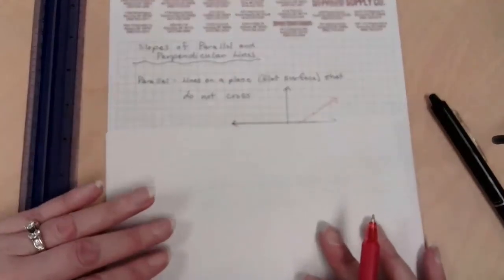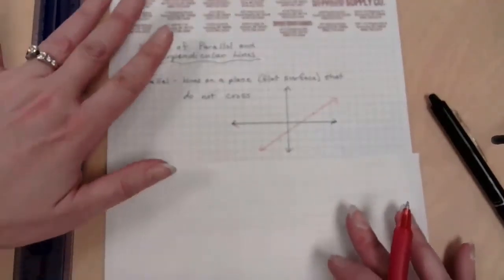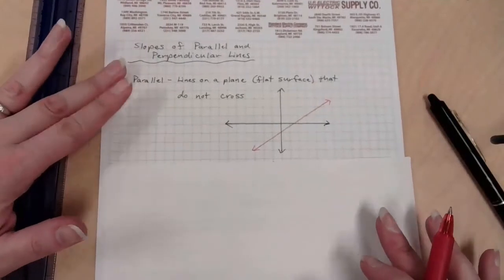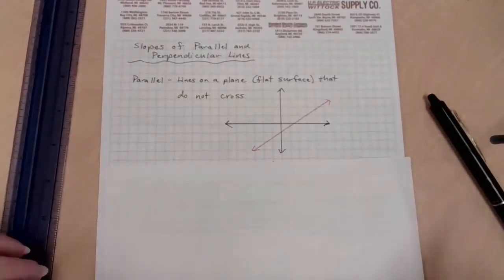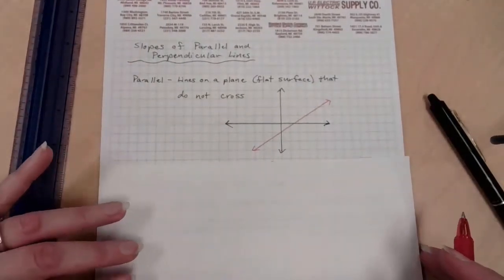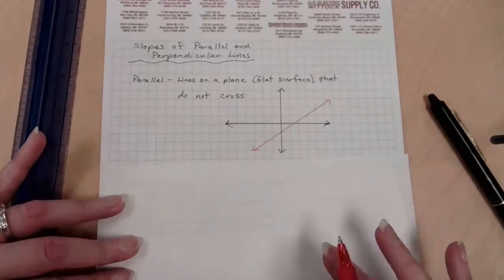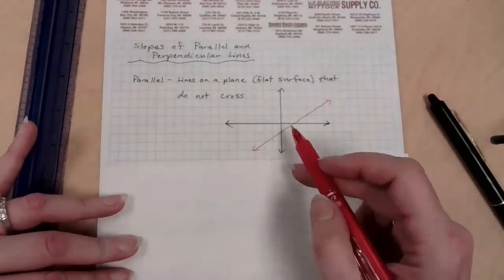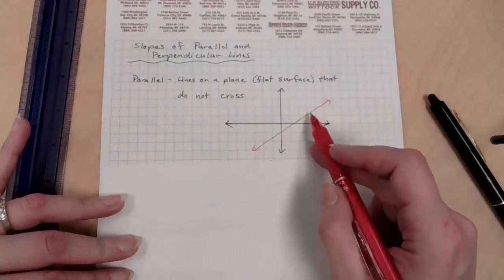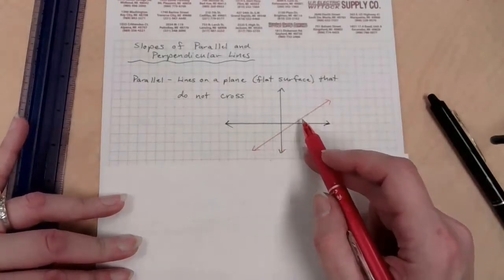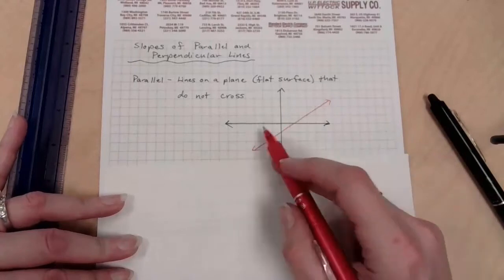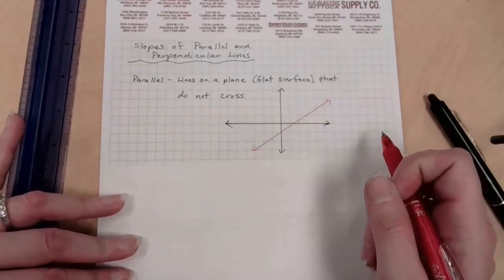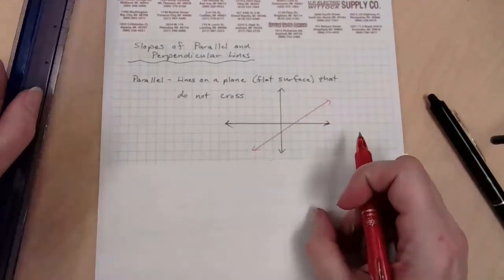So what can we figure out from that? I have a delightful picture that is very blurry today of a graph, and I have a single line on it right now. With parallel lines, you cannot have one line by itself that's parallel. That doesn't make sense. But if I wanted to draw another line in this graph that is not going to cross this one ever, where would it have to go?